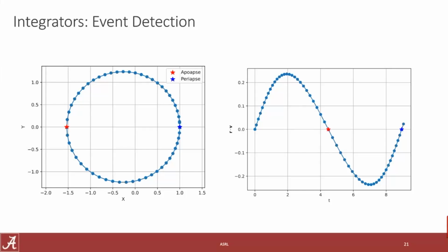But say you've previously done a run and its event detection stopped integration a little bit past it, and you're inheriting from a previous phase. It might count it as a crossing, it might not.